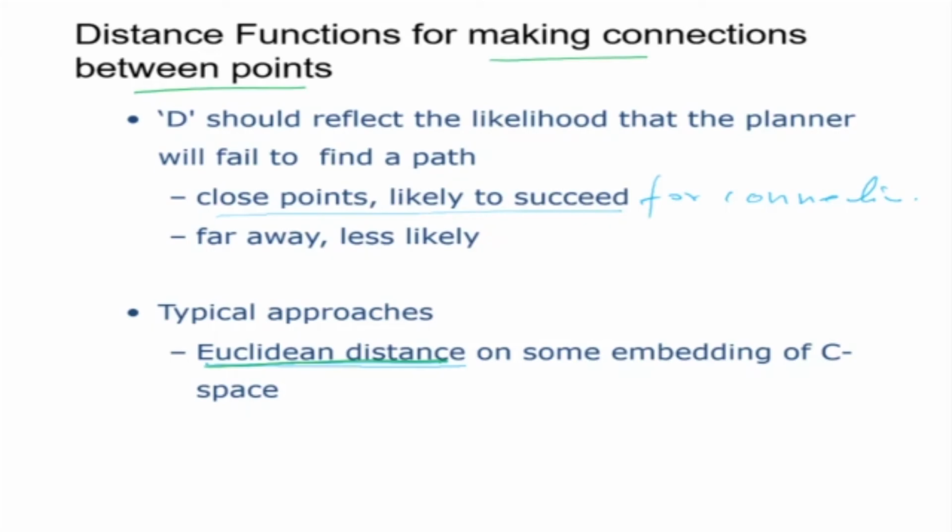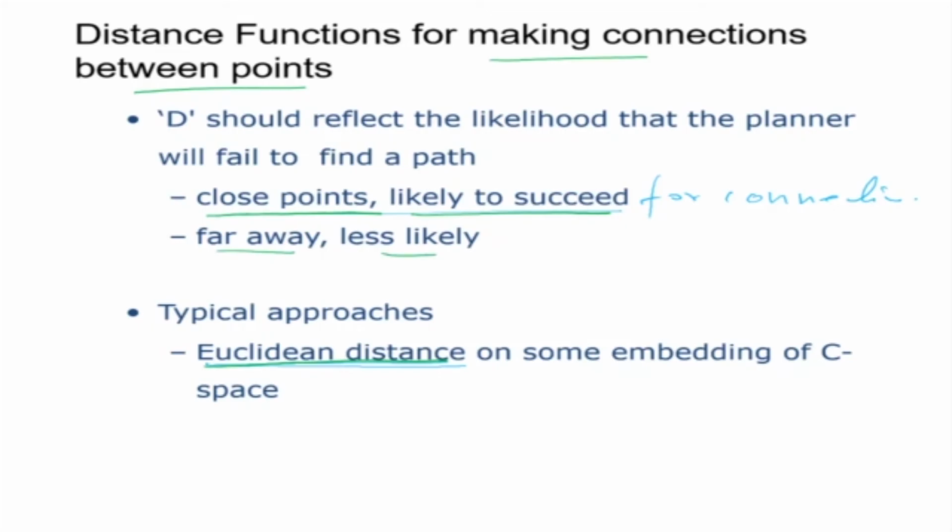What we basically do is make my connections now. So when I'm making the connections from one point, we should choose points which are closer to that point, which is likely to succeed, and not choose points which are far away. That's how I'm trying to make my connections now.